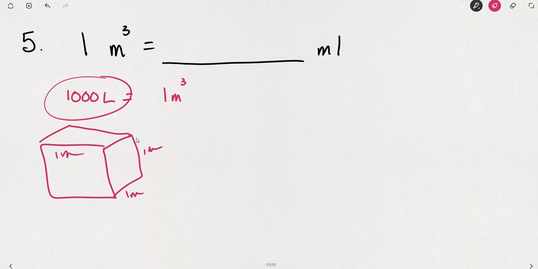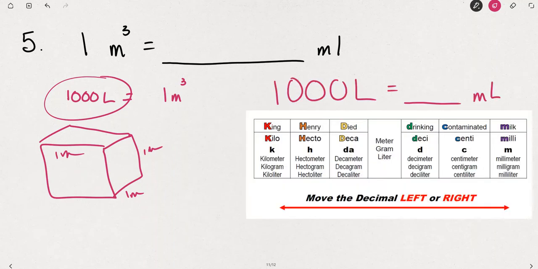And if we know that 1,000 liters is 1 meter cubed, we can convert to milliliters. So what I need to recognize is that this 1 meter cubed is the same as 1,000 liters.